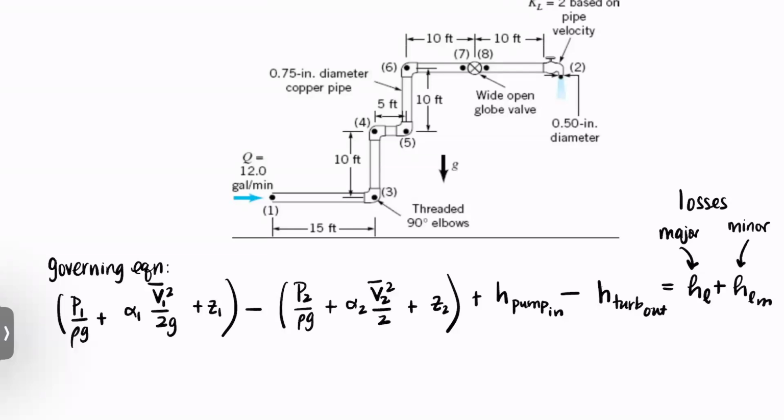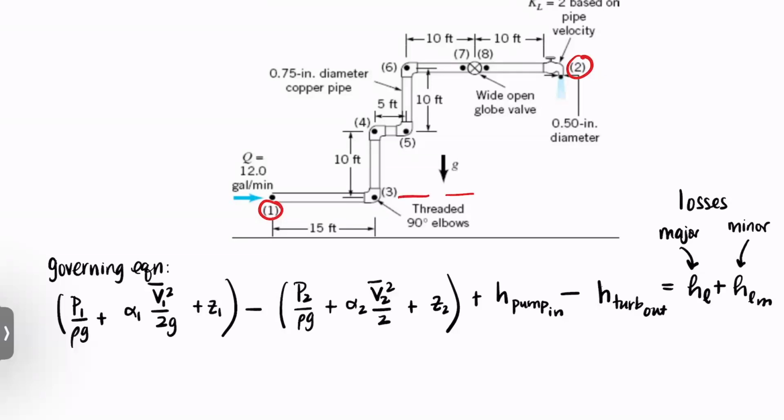Okay, so when we approach these problems, one of the first things that I would suggest is to figure out where you want to put Z equals 0. So we have this is our point 1 and this is our point 2. Does anybody have any suggestions for where we should put Z equals 0? At point 1, okay, great.